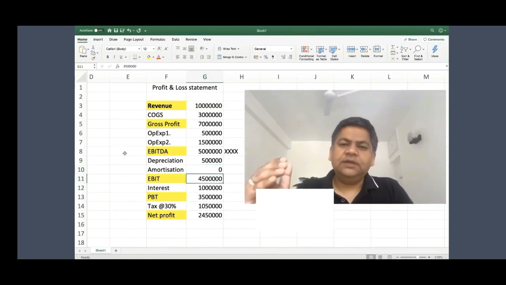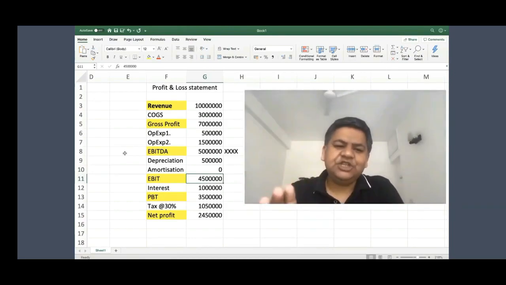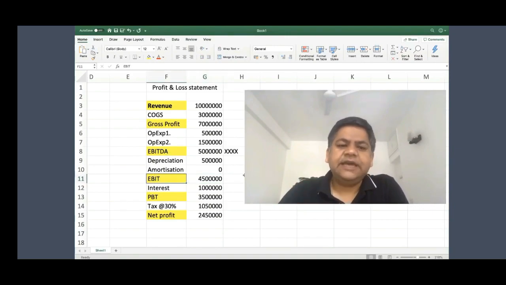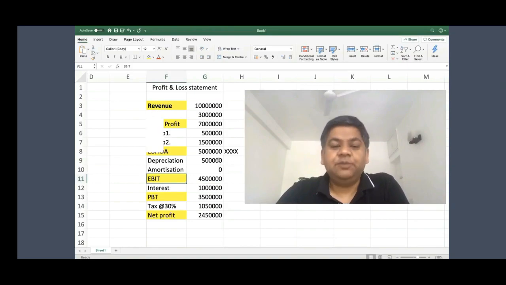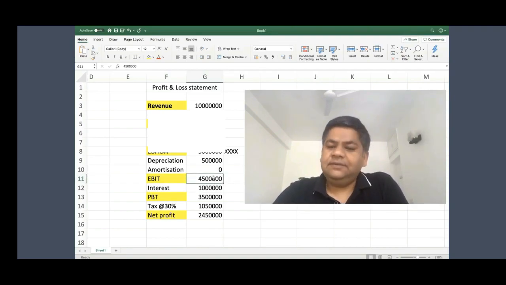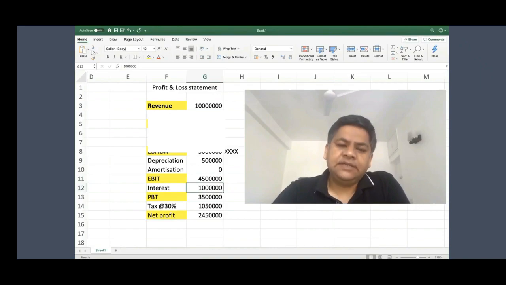Once you have subtracted the depreciation and amortization, obviously this D and A is gone, and what is left is EBIT. I have subtracted this 5 lakh rupees from 50 lakh rupees, and it comes down to 45 lakh rupees, right? Then, as I said, the company has taken a loan and is paying in the form of interest right now, so we will subtract interest as well.